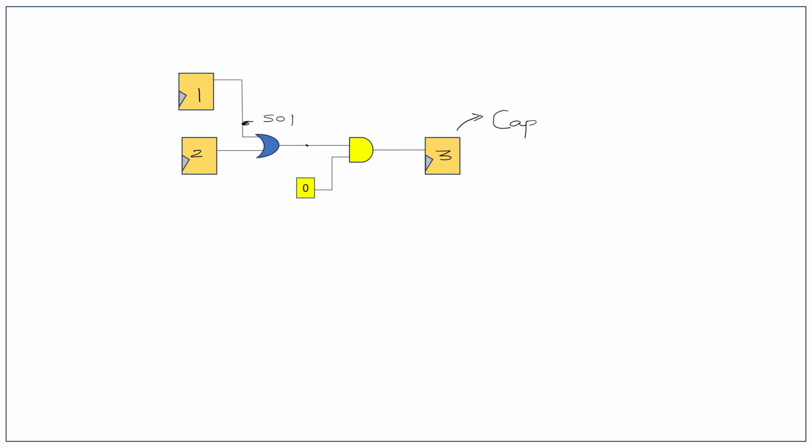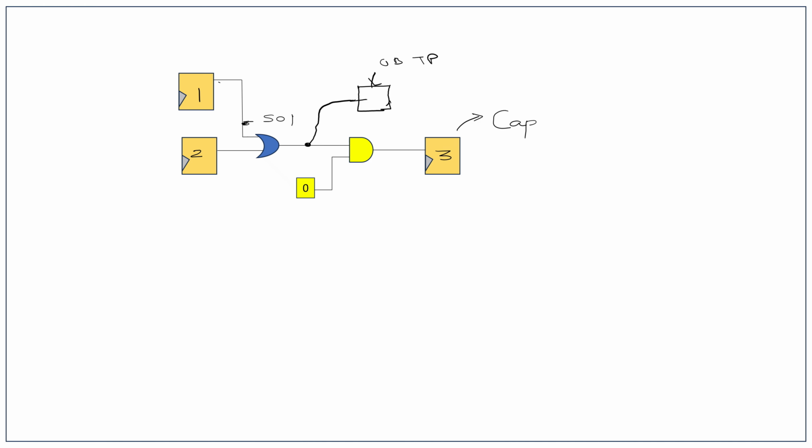What if I take a fan out from here and observe that into a flop, right? Let's call this an observation test point.